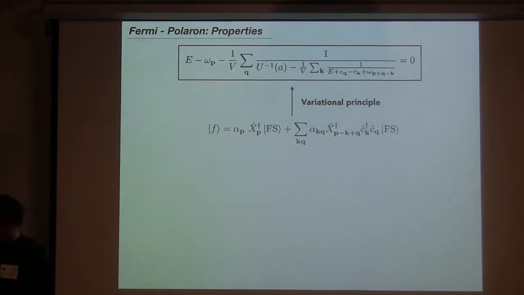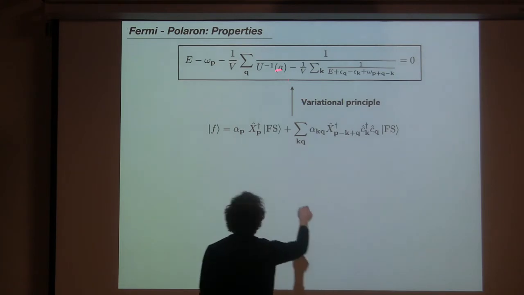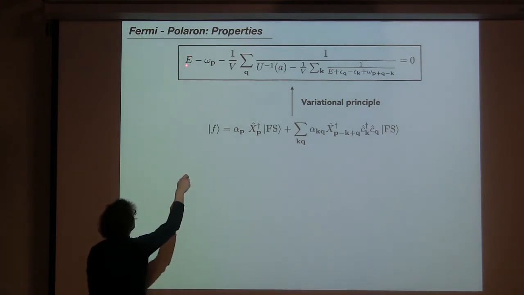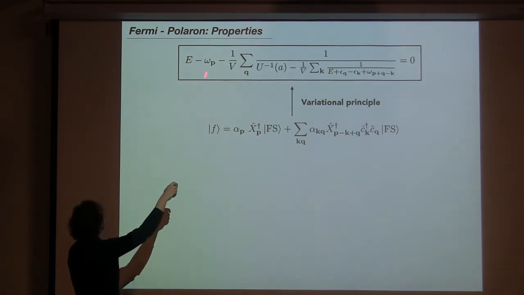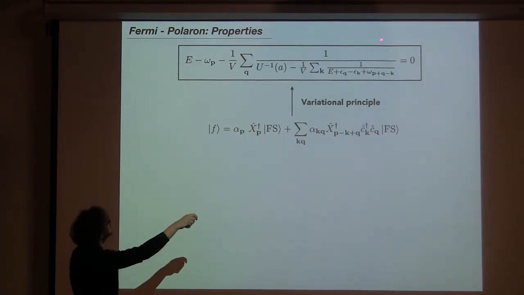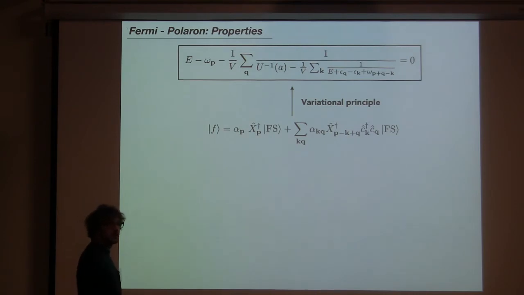Okay, so we want to analyze this equation which we got, which was not handwritten, so we cannot read it, but actually an animated version, where we had the variational energy, and we calculated by the variational principle with respect to this wave function an equation where we have to self-consistently determine the energy of the particle.